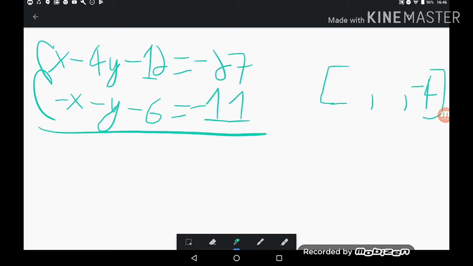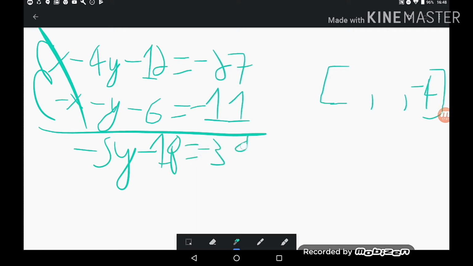So as you know, negative x and x cancel out, and we're left with negative 5y minus 18 equals negative 38. And what do you know? We have to bring 18 to the other side. And we are left with negative 5y equals negative 20.